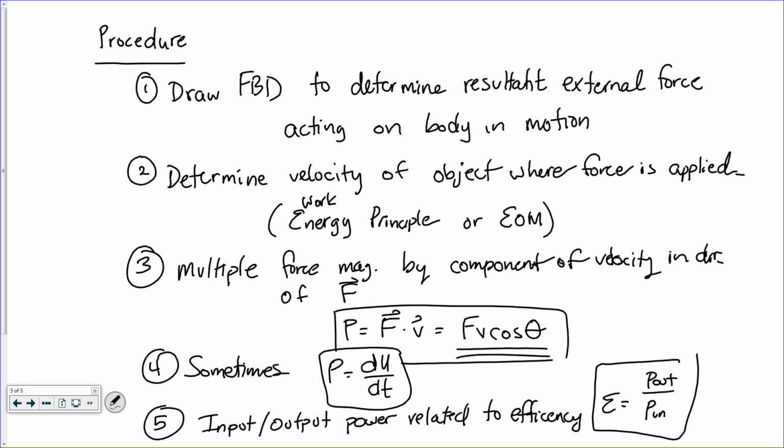Once you solve for power out, then you can solve for power in. If it says the system is 80% efficient, and you determine from the previous steps what power out is, then it's pretty easy to solve what power in is. Or vice versa. Maybe they give you the power in to the system and the efficiency, and you need to determine the power out. That's basically step 5: don't forget about the efficiency if they give you information about that.